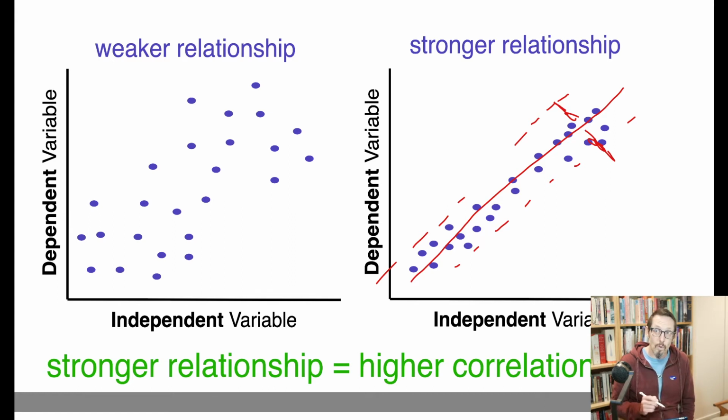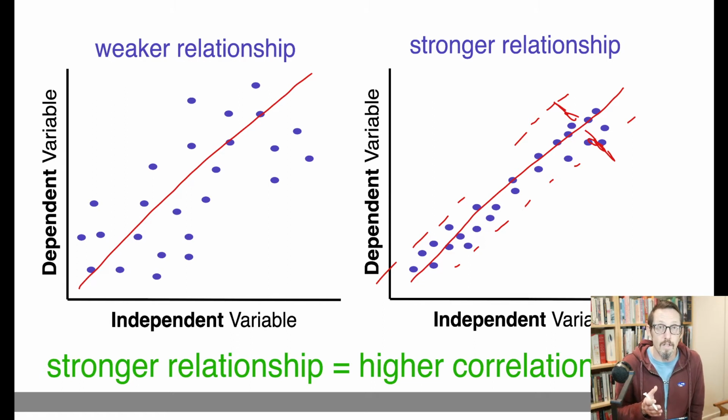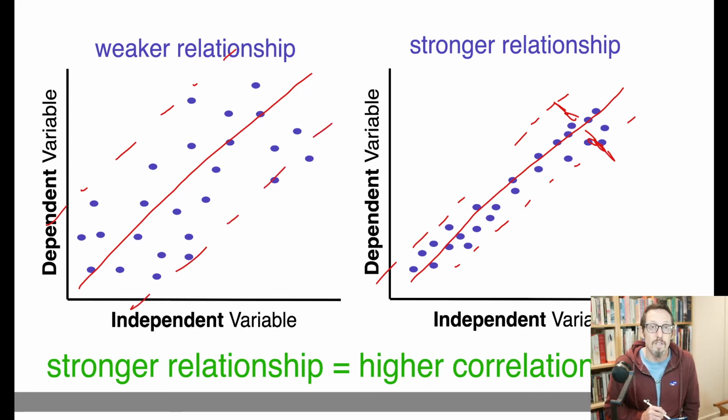Or is that line, which still exists, roughly the same line there, right? It just has much wider, much more variance around that line. So a stronger relationship yields a higher Pearson R value.